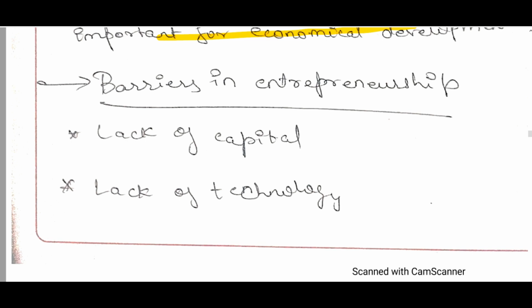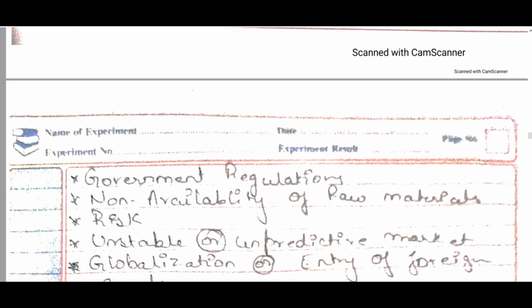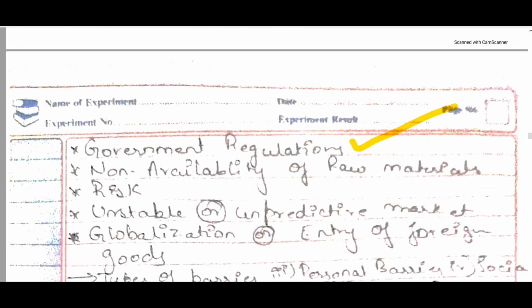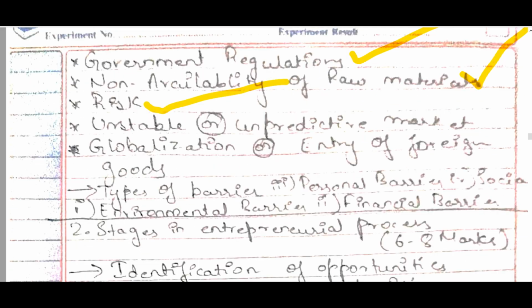So barriers. What are the barriers in entrepreneurship? Lack of capital, lack of technology, government regulation like government policies, non-availability of raw materials. If you consider the semiconductor industry, it is very difficult to establish a semiconductor industry in India because raw materials are not available in India. Risk related to the product, unstable or unpredictable market.